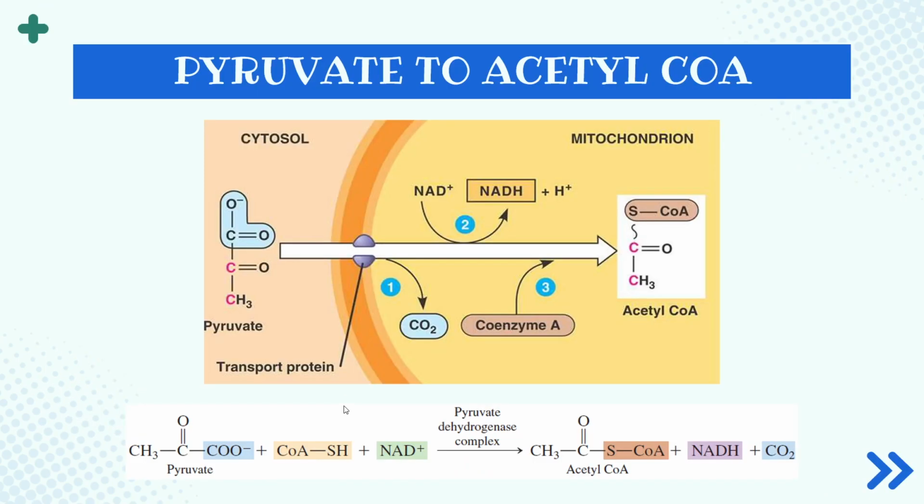So, as mentioned, yung pinaka-important po talaga is the conversion of your pyruvate to your acetyl coenzyme A. And take note, the conversion of your pyruvate to acetyl coenzyme A happens inside your mitochondria. And mitochondria needs oxygen in order to function.